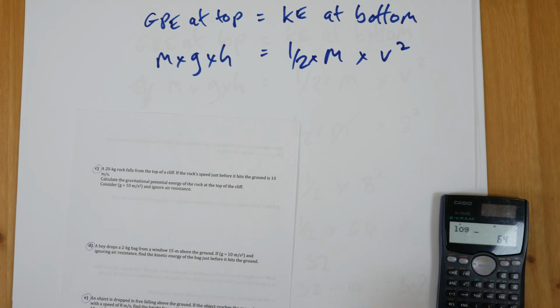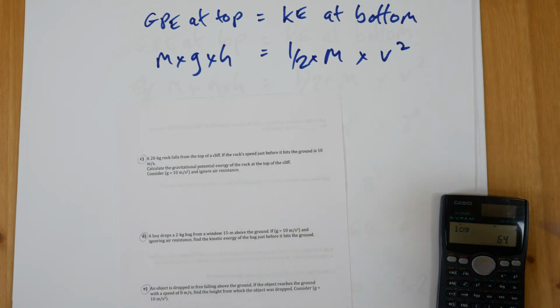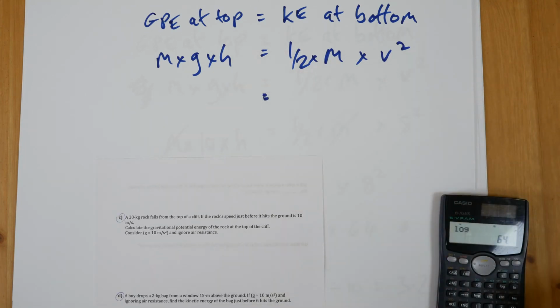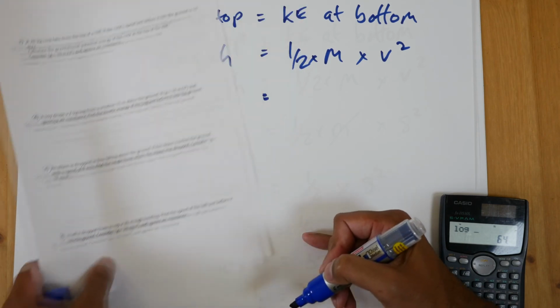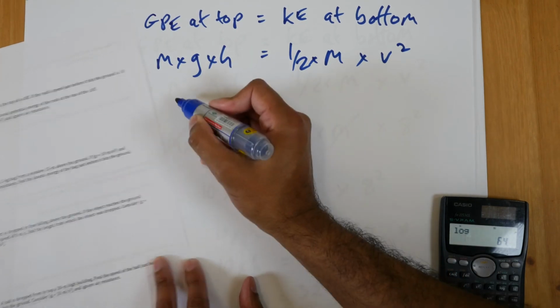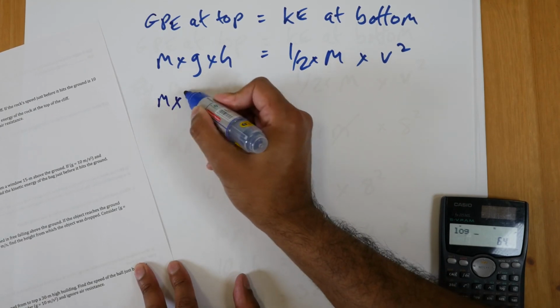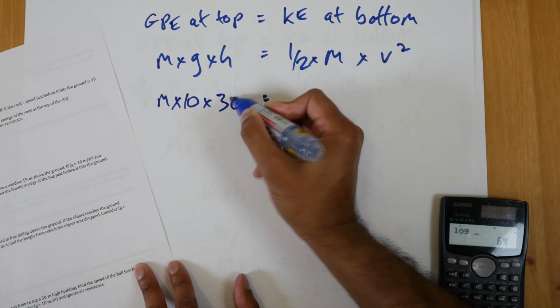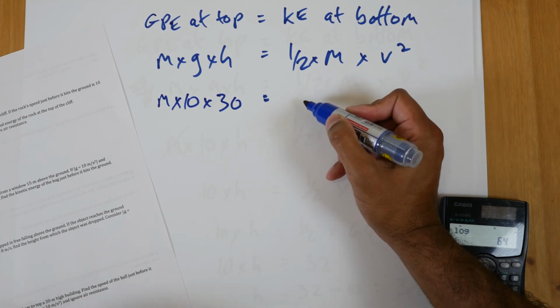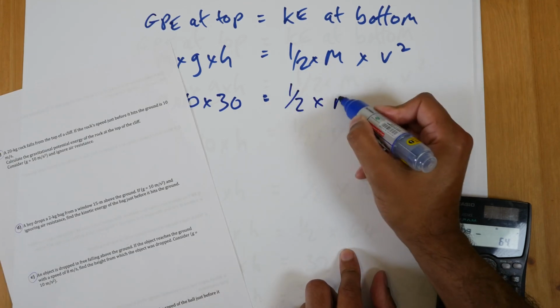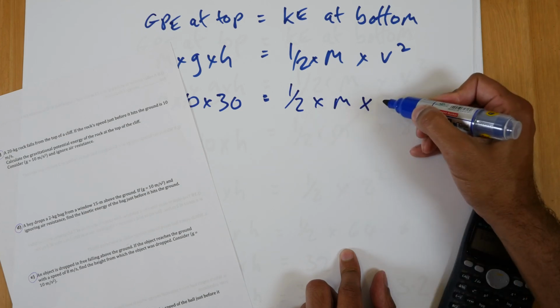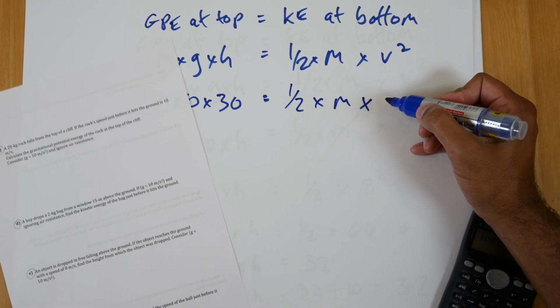Okay, this is m times g times h, and this is half m times v squared. Okay, it's like that. Now, let's substitute in the numbers. Again, we don't have the mass here. We got a 30-meter high building, so m times 10 times 30, okay, is equal to half times m times v squared, and we've got to work out the speed.